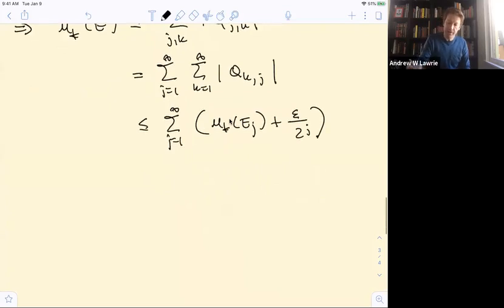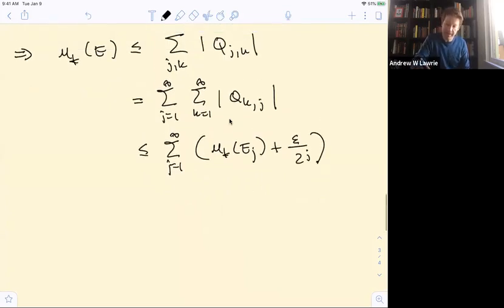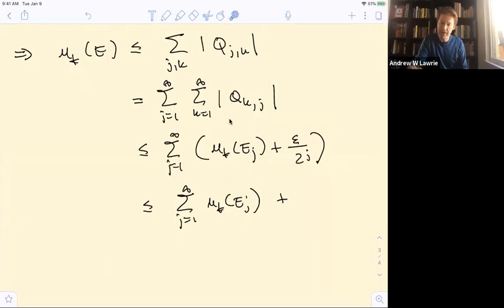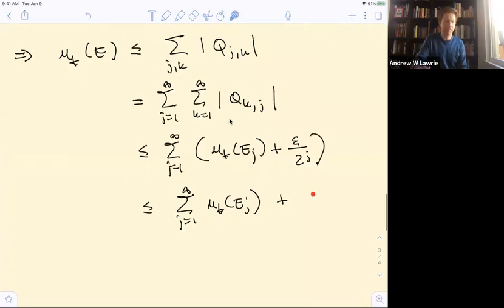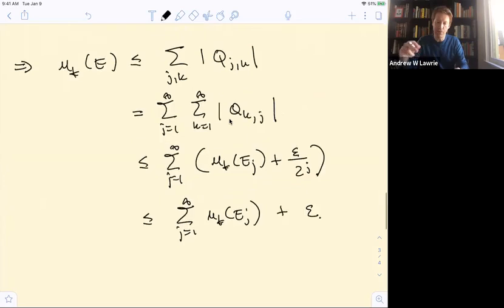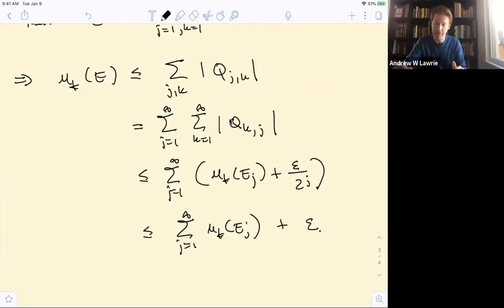And this in turn is equal to the sum from j equals 1 to infinity of mu star of EJ plus what I obtain by summing up epsilon divided by 2 to the j, and if I sum from j equals 1 to infinity of 2 to the minus j, I get 1, so plus epsilon. And now I'm done, since this inequality holds for every epsilon bigger than 0.